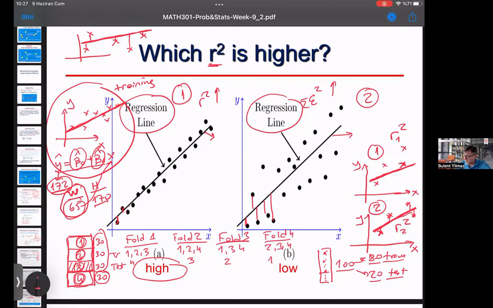If it says 50-50, then separate 50 to training, 50 to test. That's also possible. Just explain, for example, if I were you, I used 50 training and 50 test. Then I increased this training to 80, and here is the difference between the 50 training samples prediction line and this 80 sample prediction line.